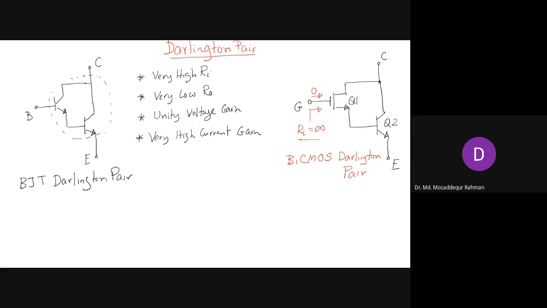This is BiCMOS. Here, bi stands for bipolar, and that refers to the transistor, the BJT, bipolar junction transistor. CMOS refers to this MOSFET, and so together they are called BiCMOS Darlington pair.